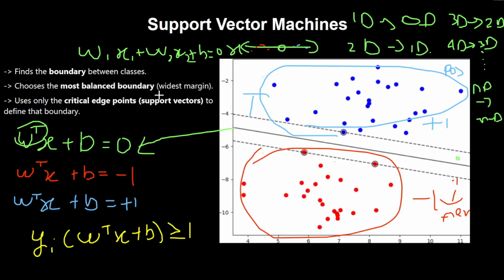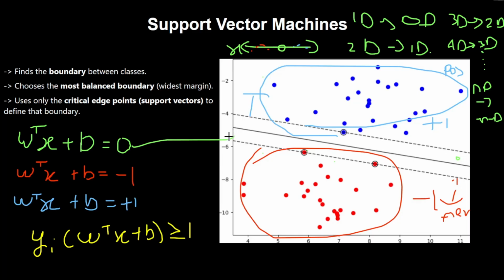Likewise, as we saw in logistic regression, W is the weight vector and b is the bias term. So using this matrix form of the equation, we can represent any hyperplane. In this case, for 2D, it's just a line. So this corresponds to the line separating these two.